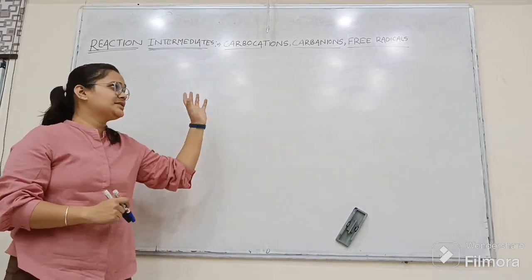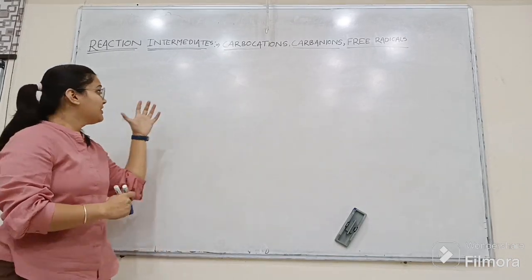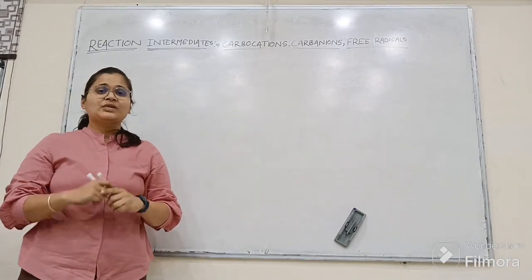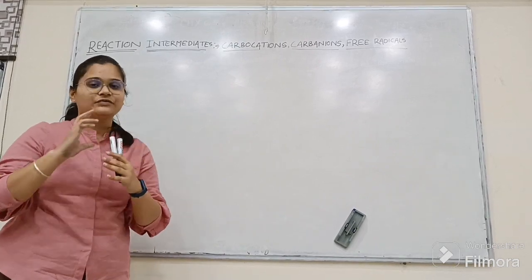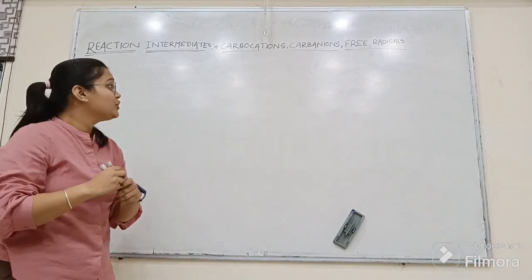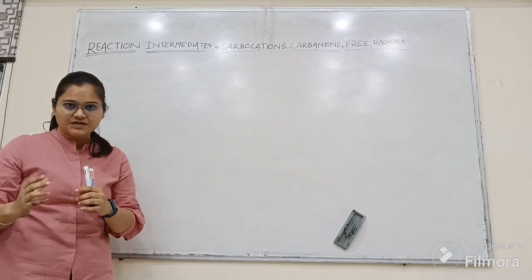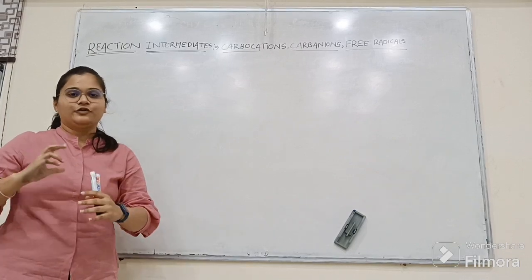Before heading towards the reactive intermediates, let us define what we mean by the term reactive intermediates. Reactive intermediates are the species which are formed during the course of a reaction and destroyed at the end of the process.